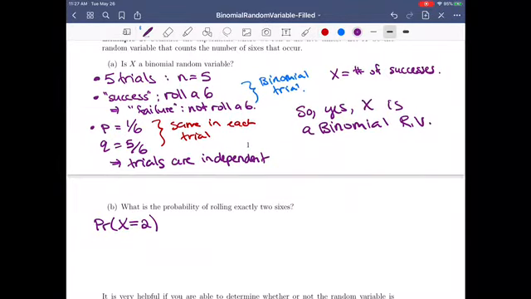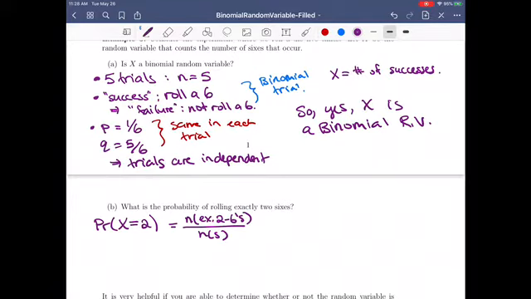It's counting the number of successes, or the number of 6s, and we want exactly 2 6s. We want a uniform sample space so that we can say this probability is the number with exactly 2 6s divided by the number in the sample space.